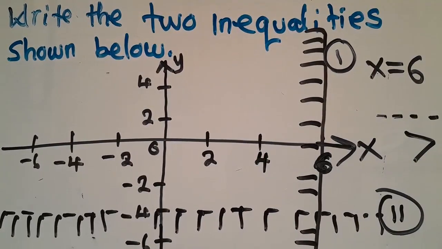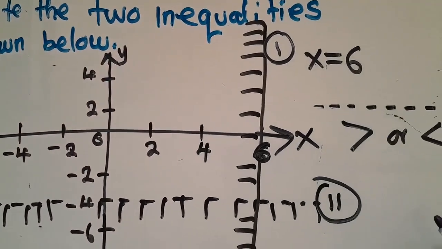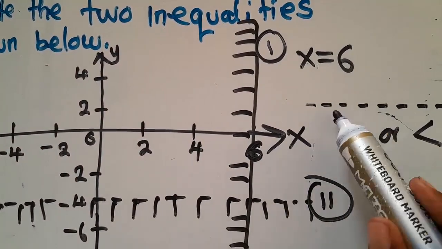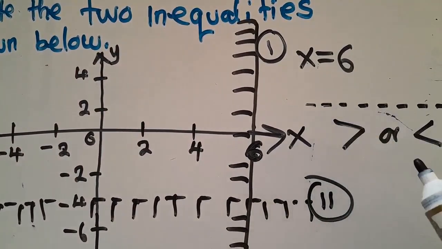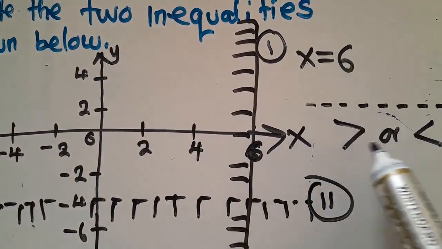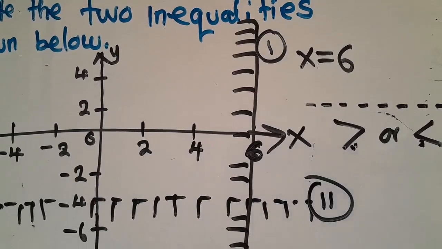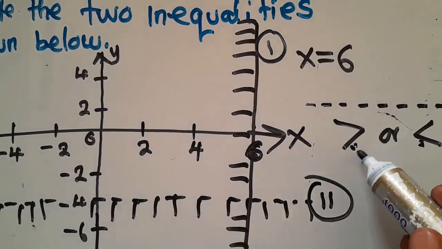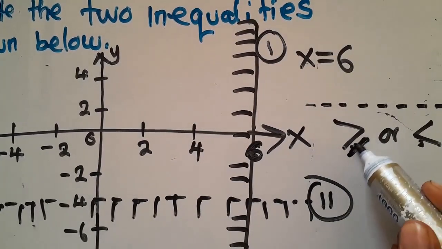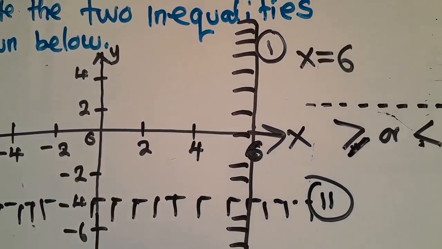I was so fast on that. If it is dotted, you are supposed to use these ones. The one which I used was not supposed to be there, so remove the thing which I had put down. It's supposed to be less than or greater than.